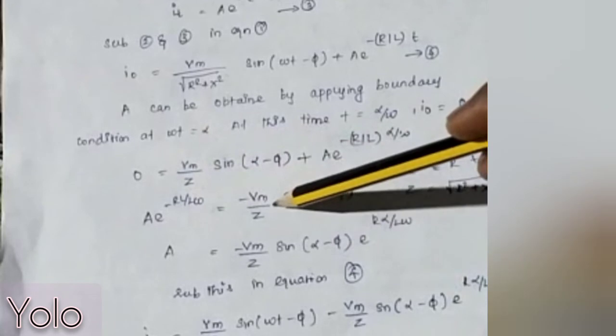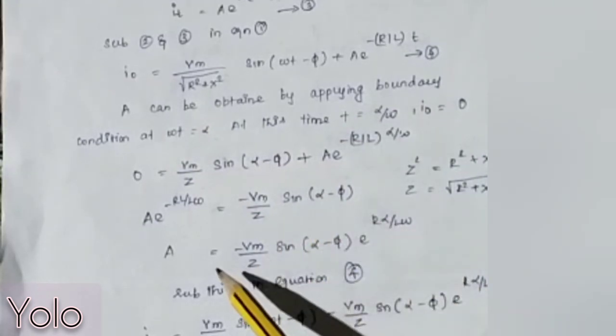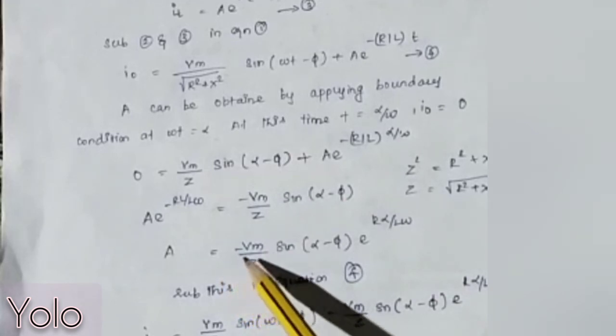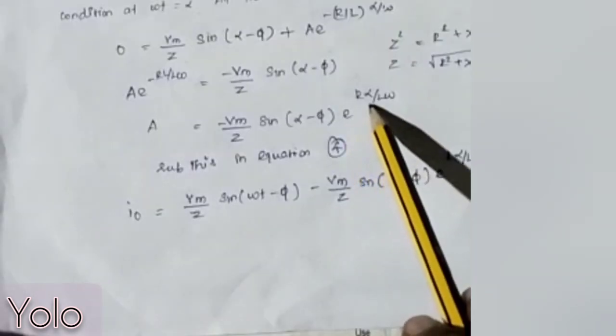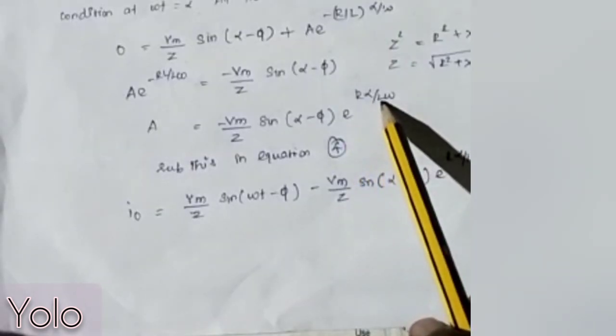So we can take A e power of minus R alpha divided by L omega equal to minus Vm divided by Z sin of alpha minus phi. So A equal to minus Vm divided by Z sin alpha minus phi into e power of R alpha divided by L omega. Substitute in equation 4.